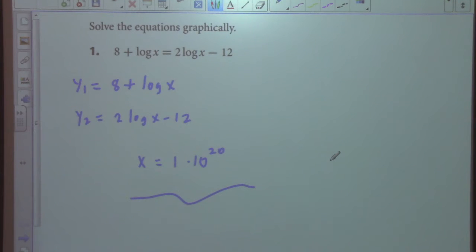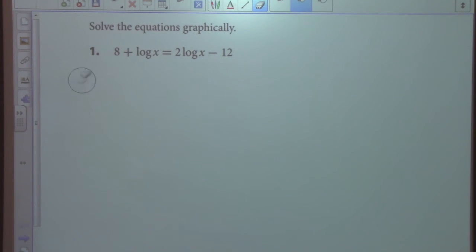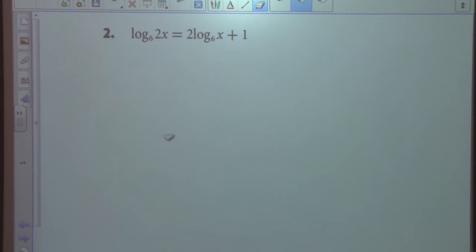Okay, so we'll do that. What I want you to do is go to problem 2. Can you do that? Go to problem 2 and try to solve it. Now with log base 6, the thing you have to worry about is this. It's going to be y1 equals log of 2x over log of 6. That's how you use the change of base formula.